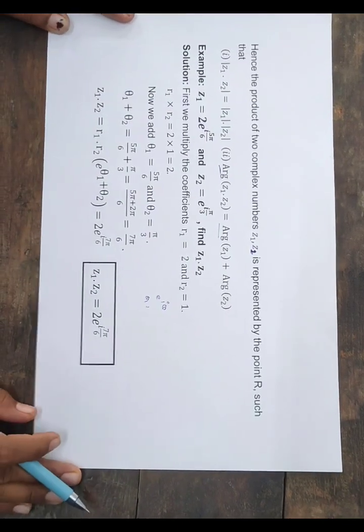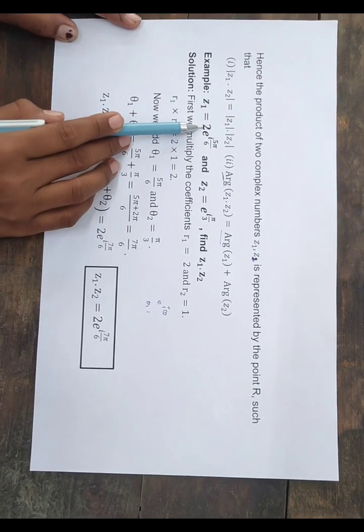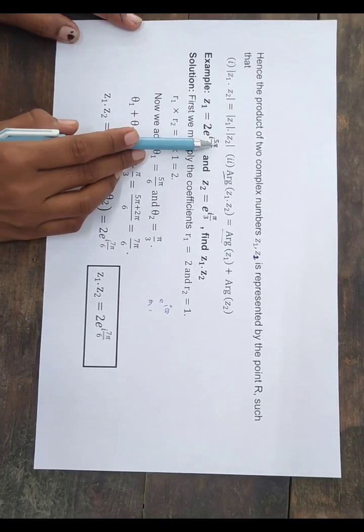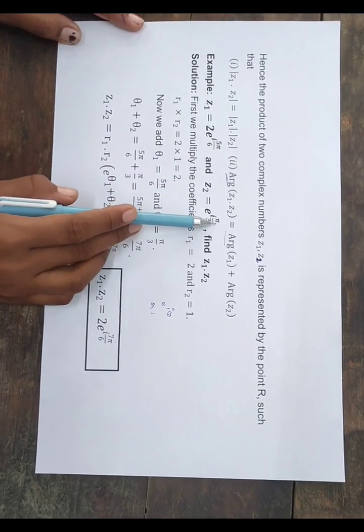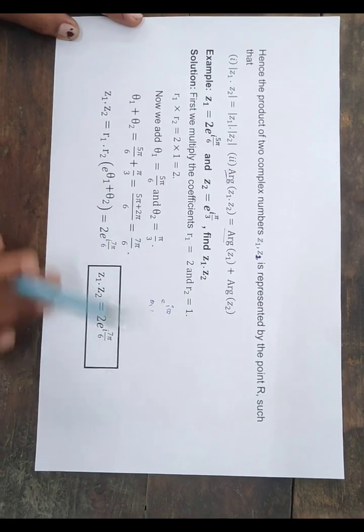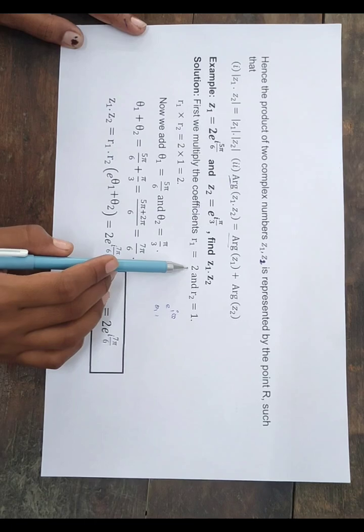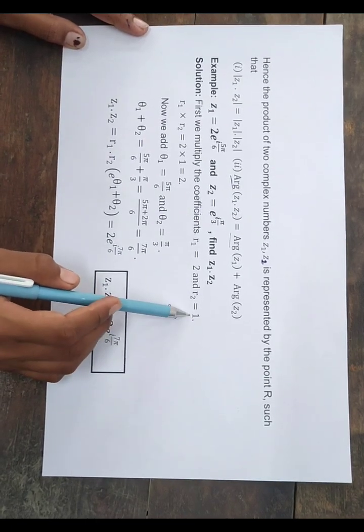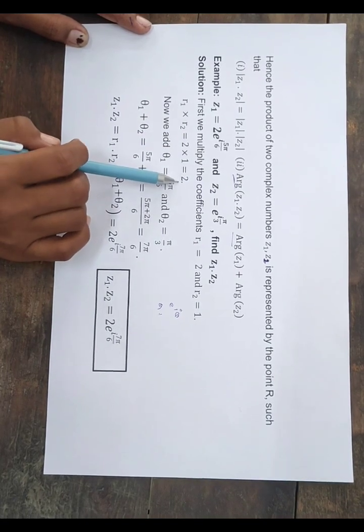We are considering one example. Z1 is equal to 2 e to the power i 5 pi by 6, and Z2 is equal to e to the power i pi by 3. We are finding the multiplication of the two complex numbers. First we multiply the coefficients: r1 is equal to 2 and r2 is equal to 1, so 2 into 1 is equal to 2.